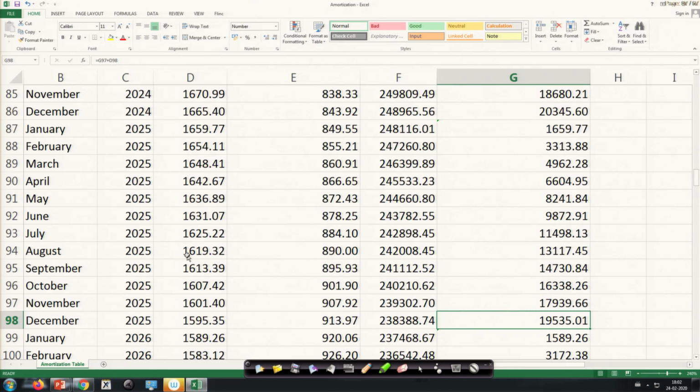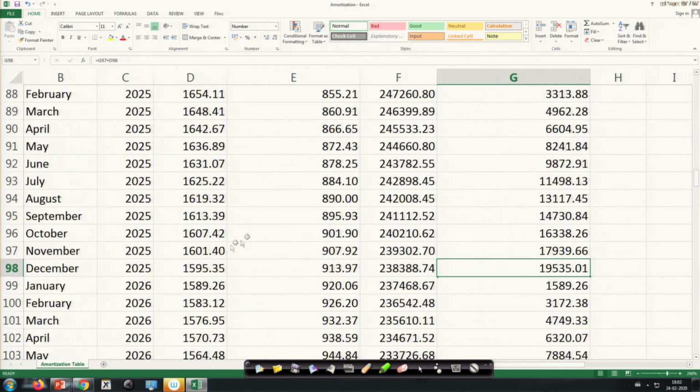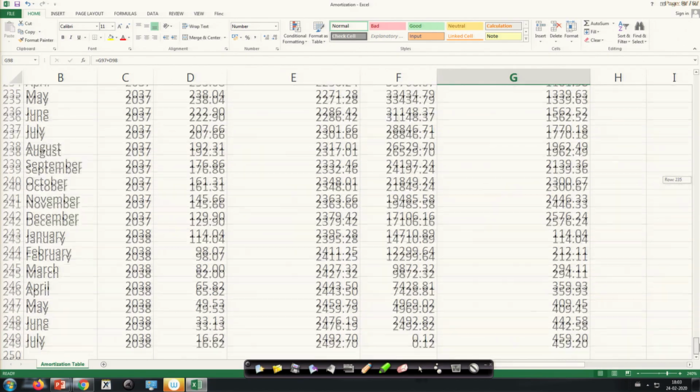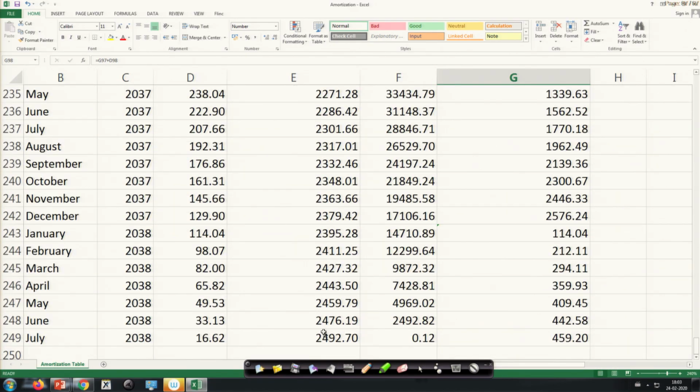So, this particular spreadsheet example shows that at the end of 20 years, that is 240 months, the total amount charged towards interest was 16 rupees 62 paisa, and the remaining amount of 2,592 or 32 paisa is going towards reduction in balance, and thereby the total balance becoming almost 0.